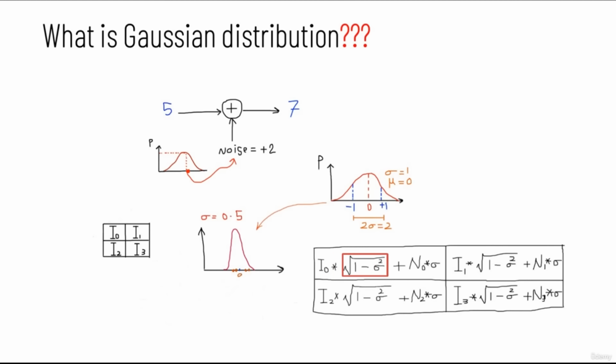But what is this term here? The square root of 1 minus the variance, or the standard deviation squared. When we increase the standard deviation, which means we will increase the variance, in this case we will reduce the value of this term. So I0 times the square root of 1 minus the variance will be smaller.